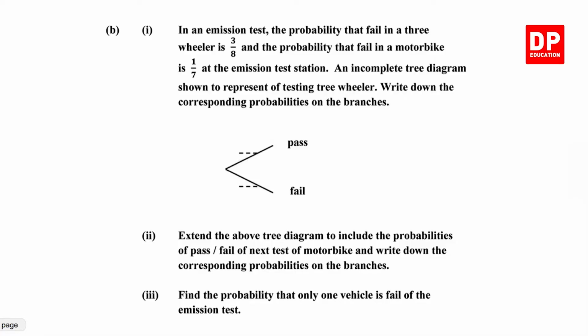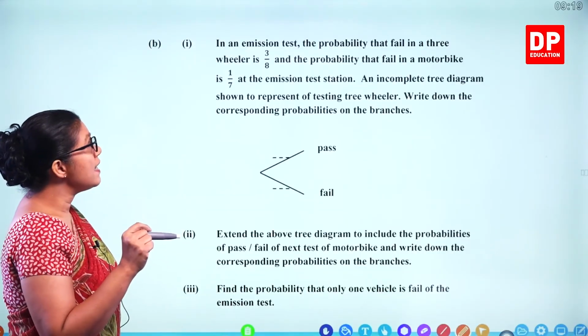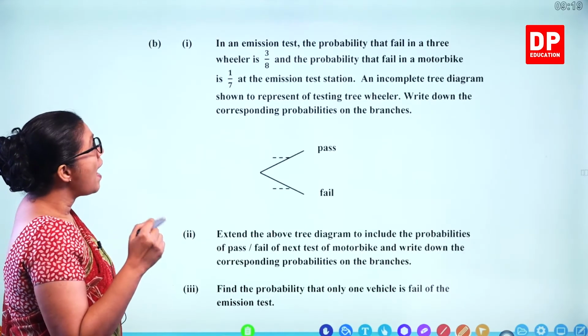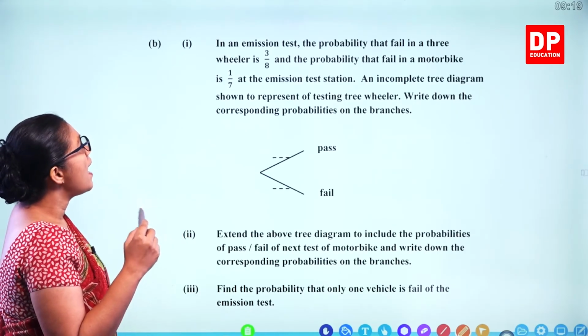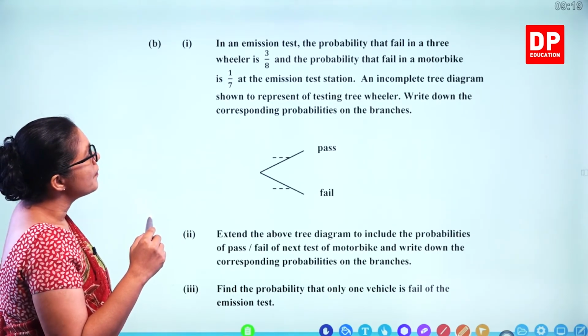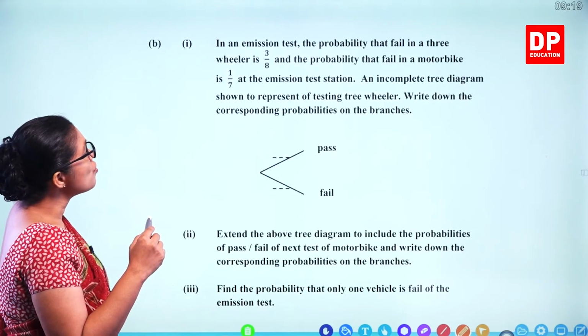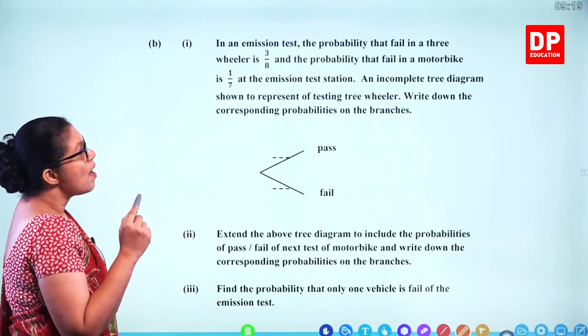Part B. In an emission test, the probability of failing for a 3-wheeler is 3/8 and the probability of failing for a motorbike is 1/7 at the emission test station. An incomplete tree diagram is shown to represent testing of a 3-wheeler.